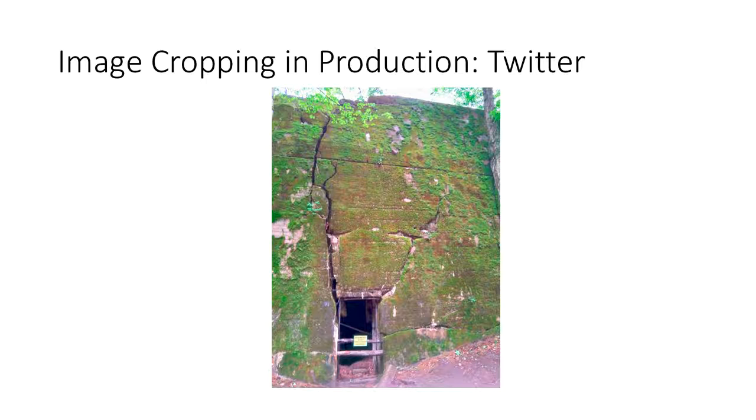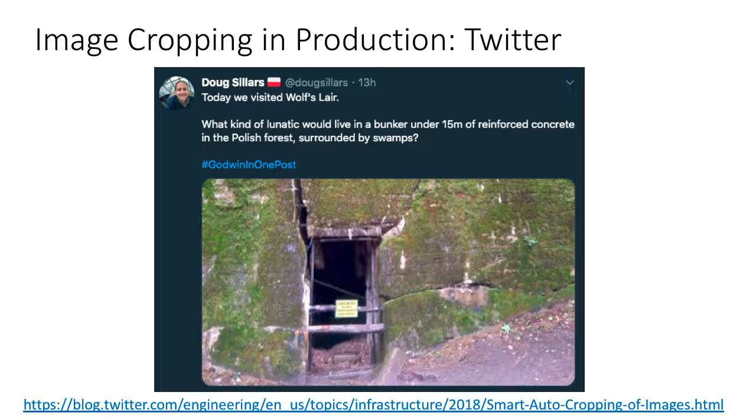It's literally a one-story building with 15 meters of concrete put on top of it, because he was really worried that he'd get bombed, rightly so. I posted this as a tweet, and Twitter finds the thing that's most interesting in the tweet, and it looks like this, right? They found the door and centered the image around the door of Hitler's bunker.